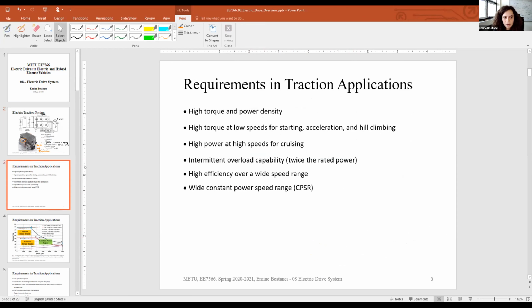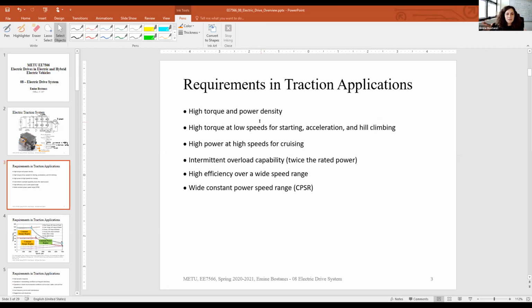There are some requirements related to traction application. It is not an easy application, being a mobile application, and it is a cost-driven market. Therefore, we need to make everything smaller. If it is a mobile application, you have weight constraints and volume constraints, and that comes with the requirement of high torque density and high power density.